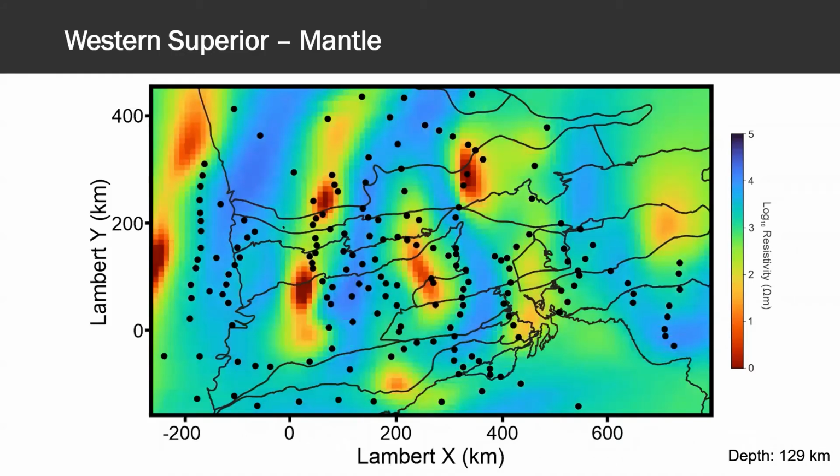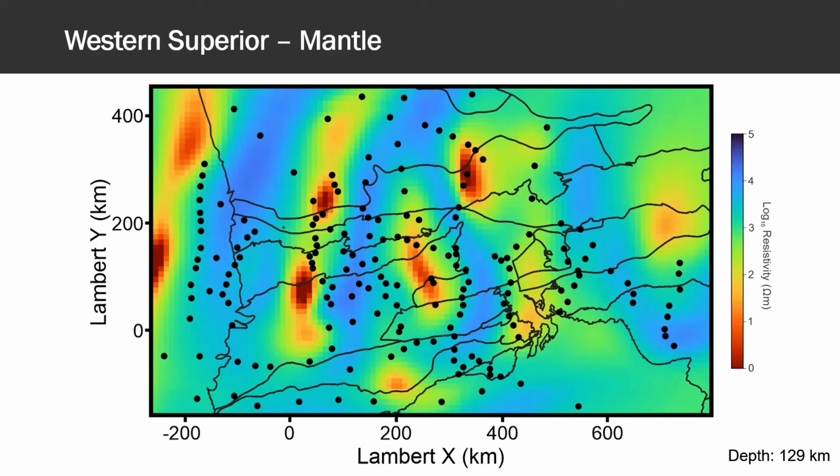And the transformation is more or less complete by 129 kilometers depth, where we see this series of alternating conductive and resistive bands extending pretty much from the western extent of the model over here all the way to the Nipigon Bayment. And I suppose you could make the argument for this being another one over here.